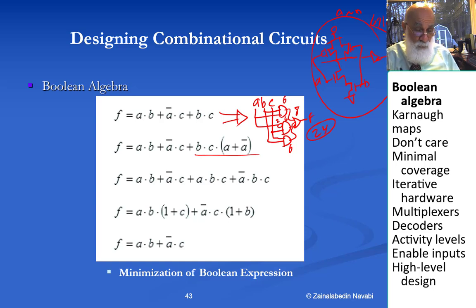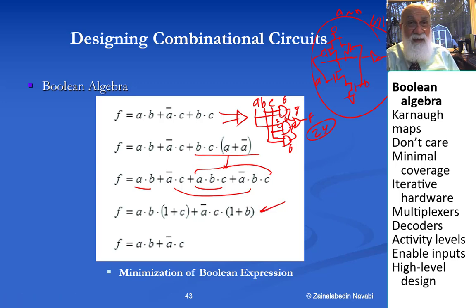Then I'm going to use the distributive law and say A and B and C, A bar and B and C. So this term turns into this thing over here. Now I'm going to take the first term and the third term, use the distributive law, and factor A and B. The first one becomes A and B ANDed with 1 over C, and then the second and the third one, let's factor A bar C, and that becomes A bar C ANDed with 1 over B. And therefore, this is the new way of writing this.